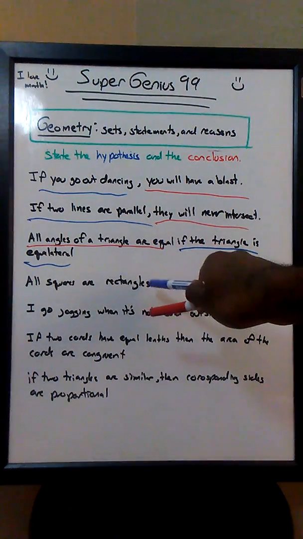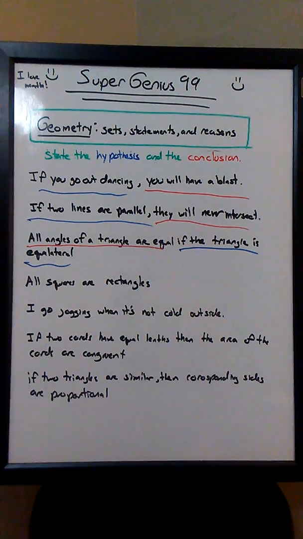All squares are rectangles. So we have to come up with our own if statement from this all-inclusive, all squares are rectangles. So let's think about it.